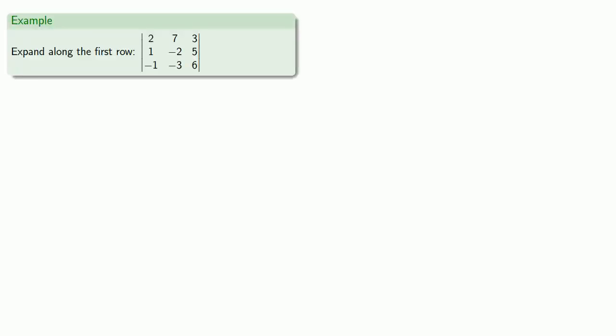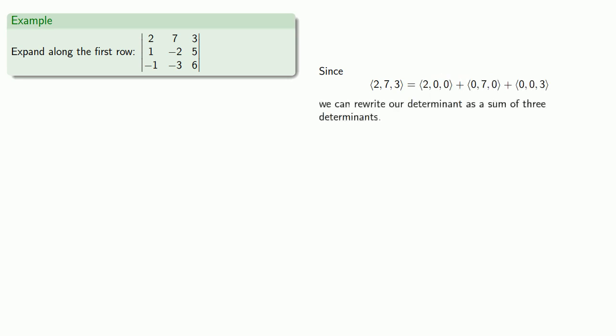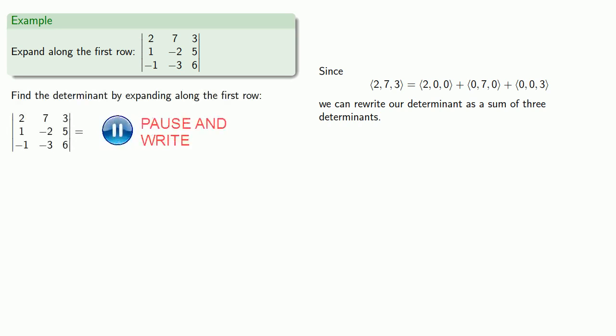So let's say we want to expand the determinant along the first row. So let's take a look at that first row, which we can write as a vector sum. 2, 7, 3 is... And so we'll make each of these the first row of a new matrix and leave the remaining entries unchanged. So our determinant can be written as the sum.